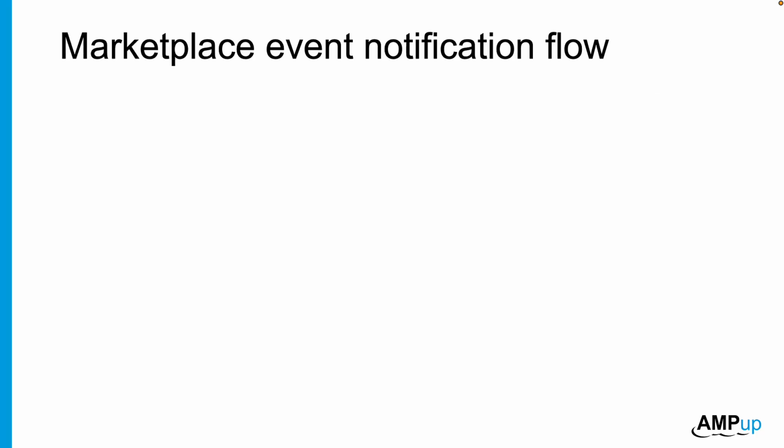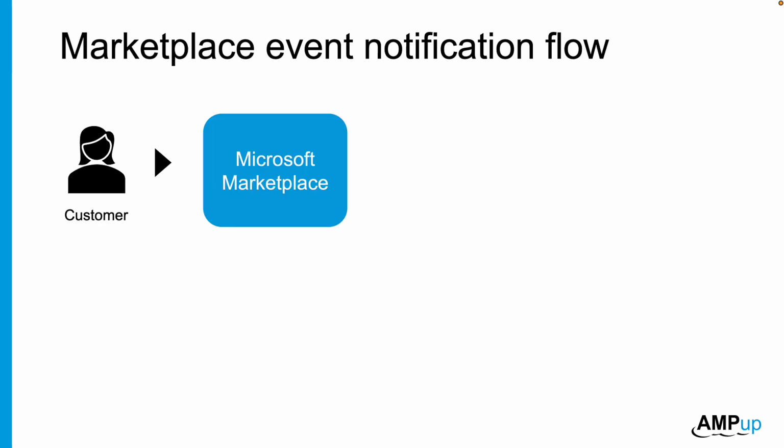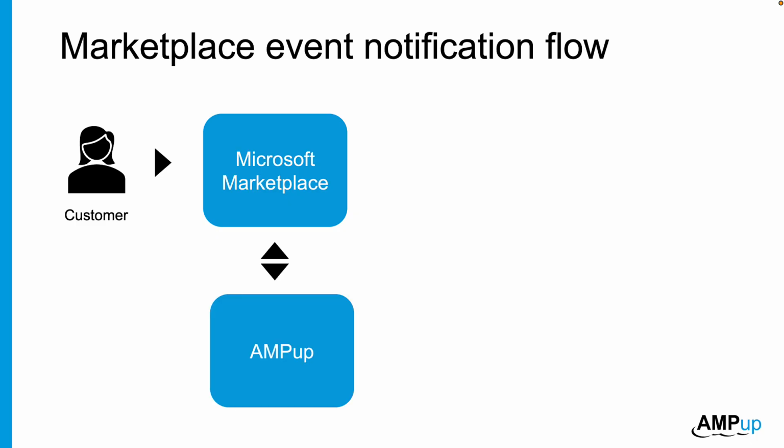So what actually happens when AMPup notifications are tied to your webhook? Let's see. First, a customer interacts with the marketplace in a way that causes a subscription event. Maybe a customer bought a new subscription, or they canceled one, or took some other action. AMPup receives the event from Microsoft Marketplace and sends out a notification. Again, it could be an email, over Microsoft Teams, or some other integration channel.